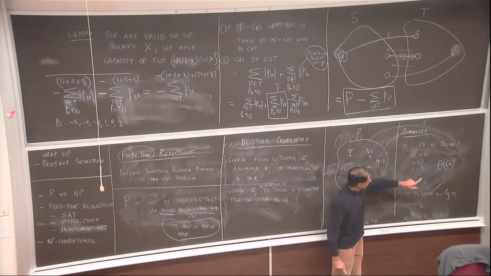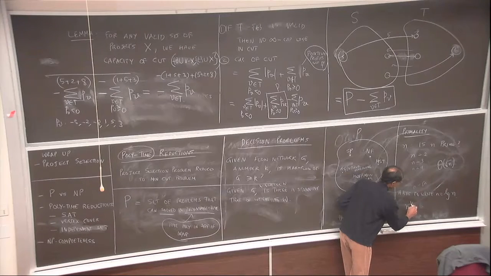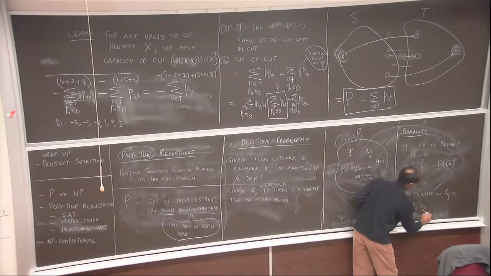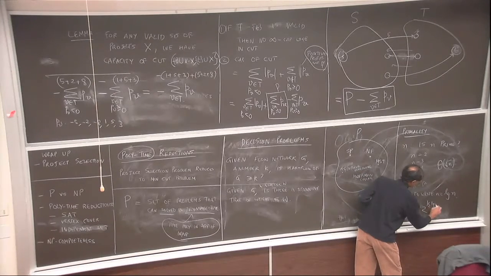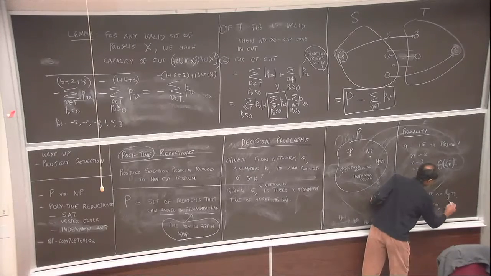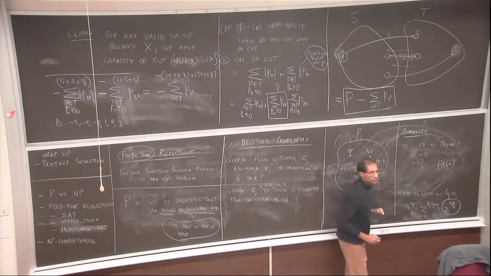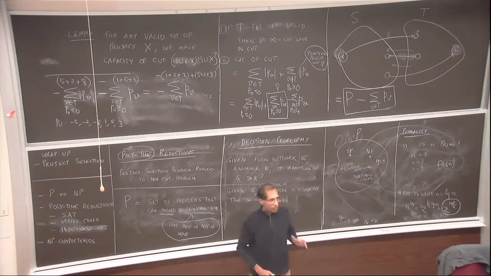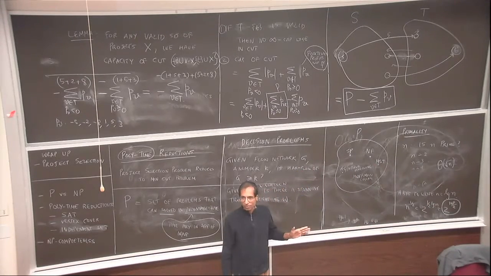So what is the running time in terms of the input size? It's n to the half, which is 2 to the half log n. So which is 2 to the input size divided by 2. So this is an exponential, it's a horrible exponential now. And rightfully so.